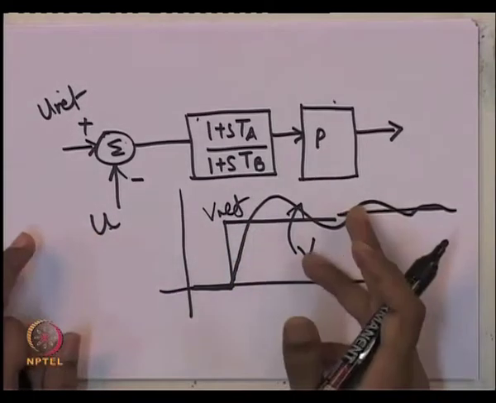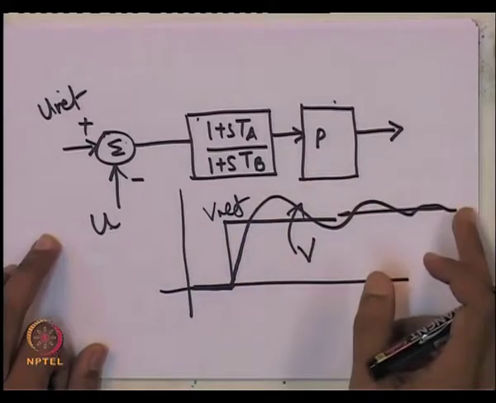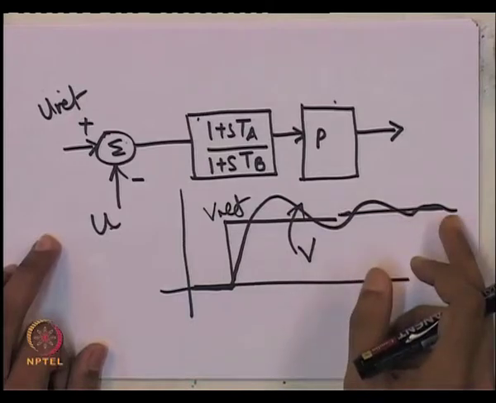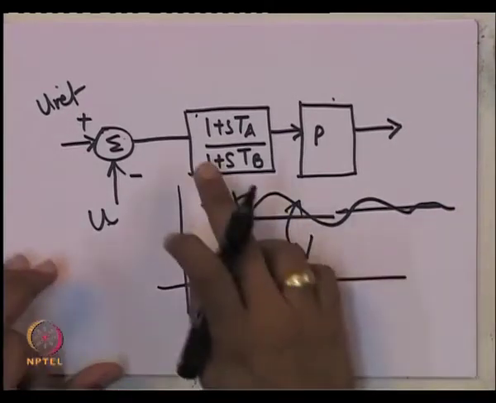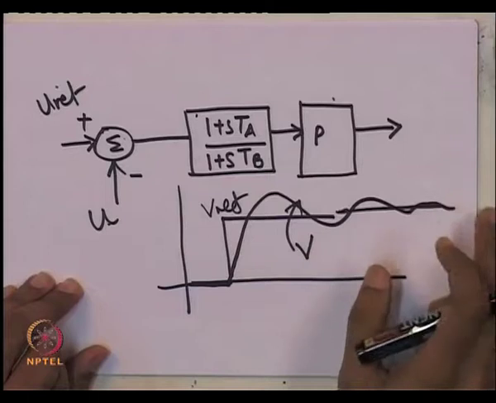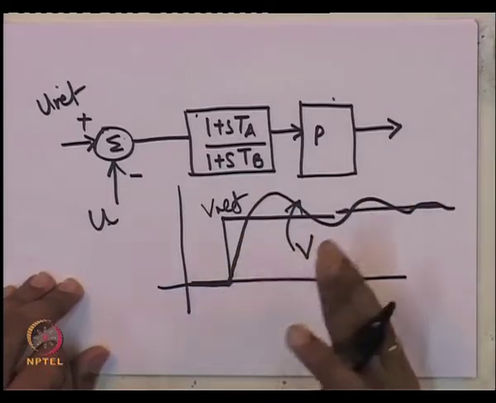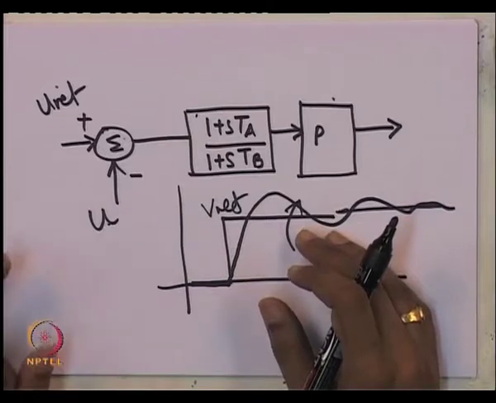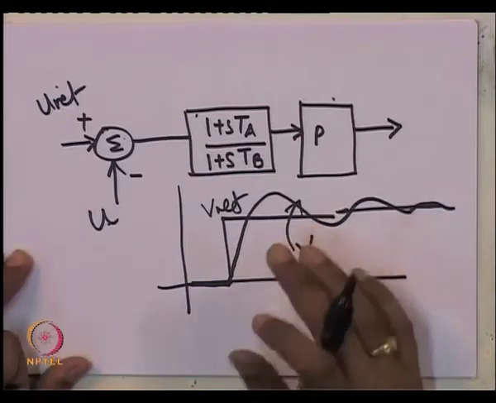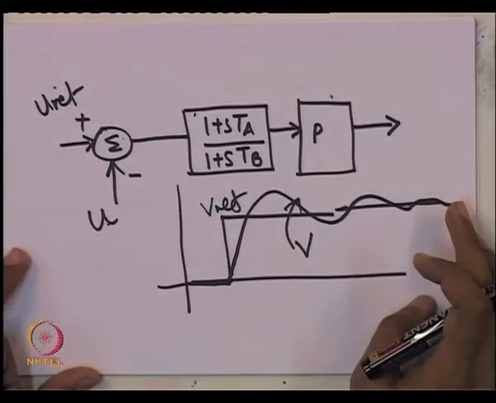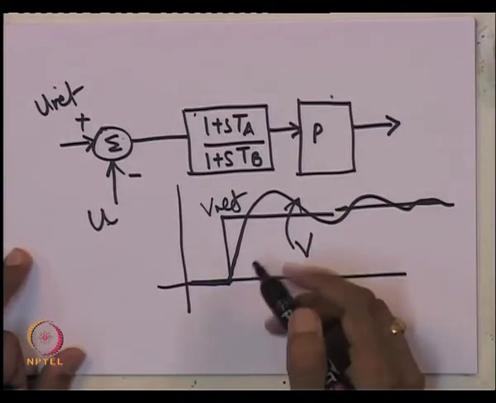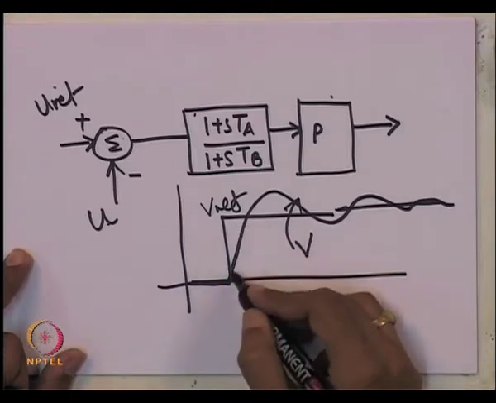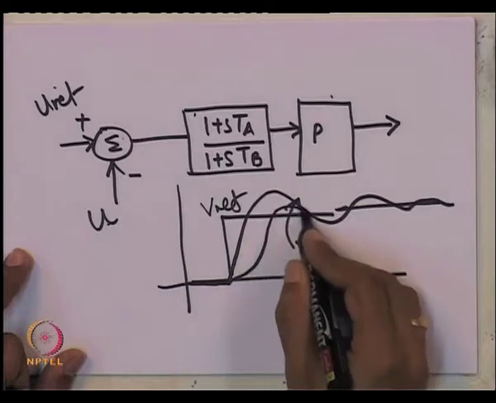Now, obviously, you should design your system so that it settles fast. If a system settles down fast, it also means that the modes which are observable in the voltage are more stable, they have real parts which are more on the left hand side of the complex plane, and as a result they decay very fast. You also would like your rise time to be fast, you do not want it to rise like this.